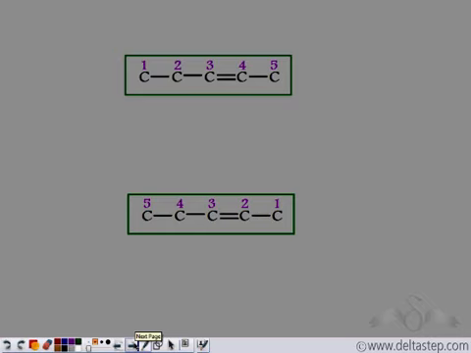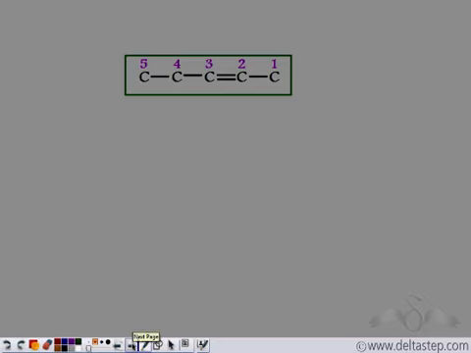If we start from left, the double bond gets position 3. If we start from right, the double bond gets the position number 2. So which is right? We know the rule states that the functional group should get the lowest number. So in this case, this is right and this is wrong. So we take this, that is, we start the numbering from the right hand side.